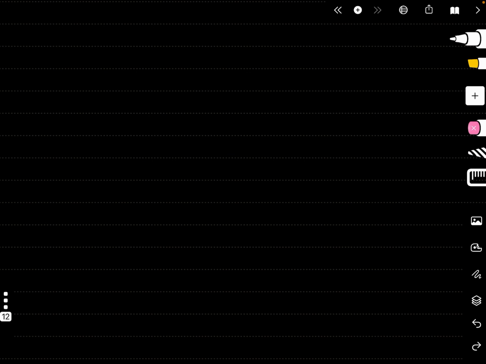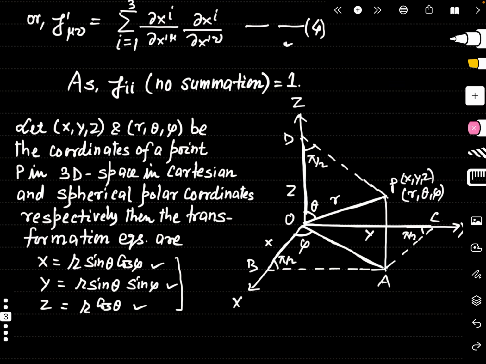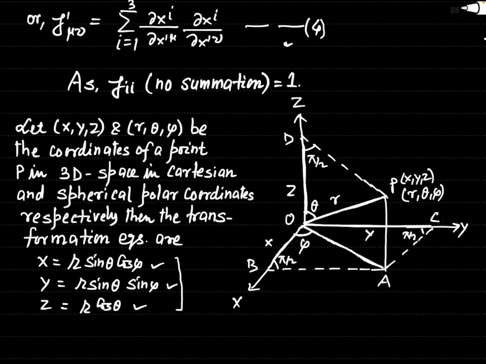We have to add some pages because there is limited page, so I am adding the page. Now see, these are the transformation equations, but for convenience here I am writing a convenient symbol for x, y, z. Here there are two coordinate systems. Let us say our unprimed coordinate system is the Cartesian coordinate system, and as the primed coordinate system we consider our spherical polar coordinate system.